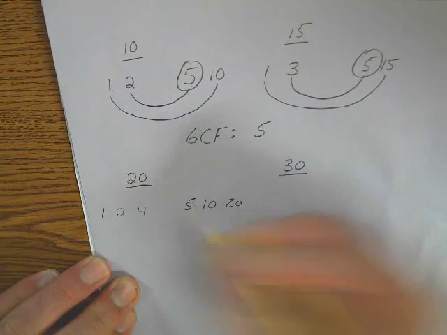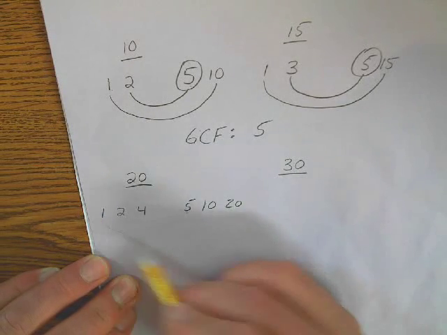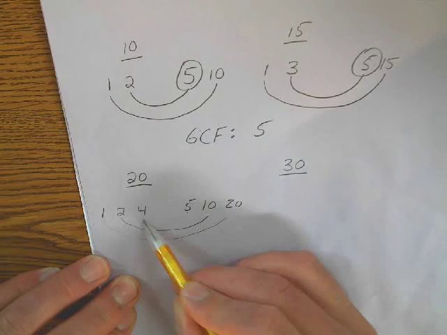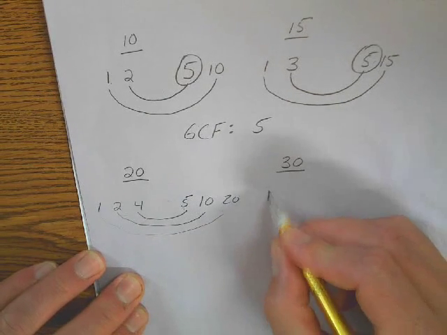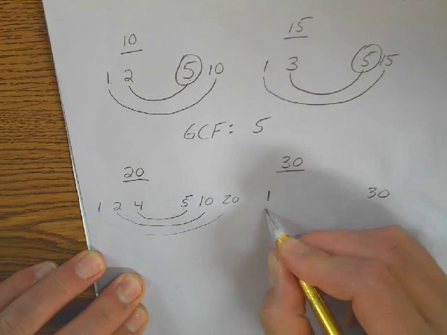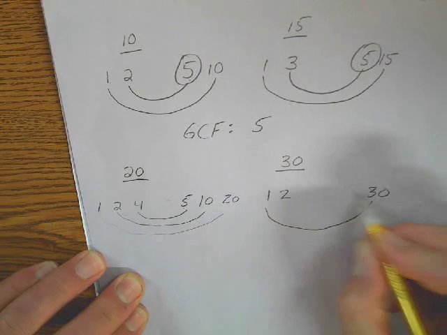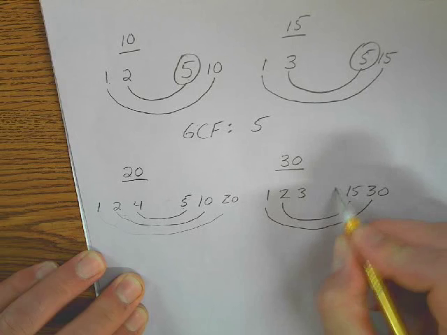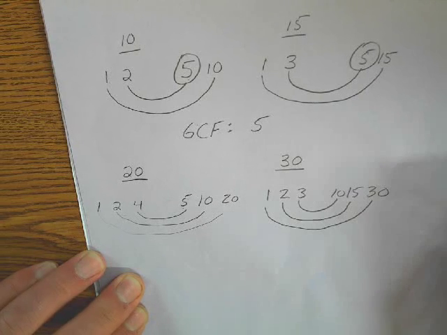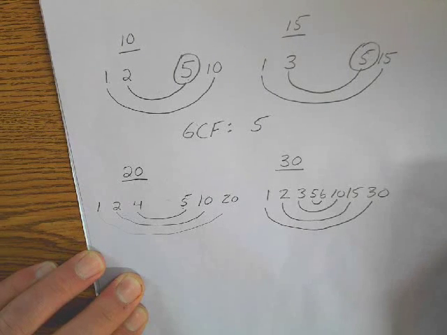So we got 1 and 20, 2 and 10, 4 and 5. For 30, start with our 1. We got 1 and 30. 2 will work, 2 and 15, 3 and 10, 4 doesn't work, and 5 works, so 5 and 6 can also multiply to give us 30.